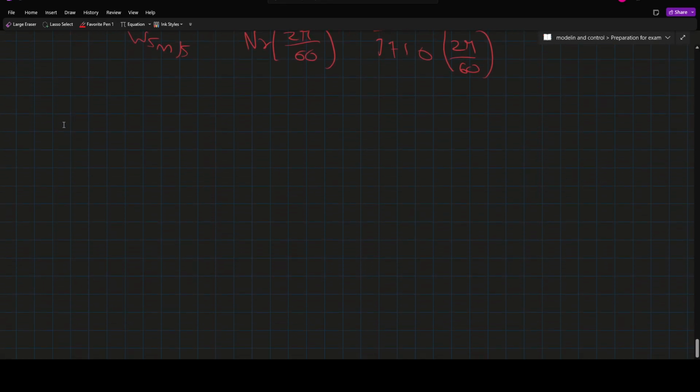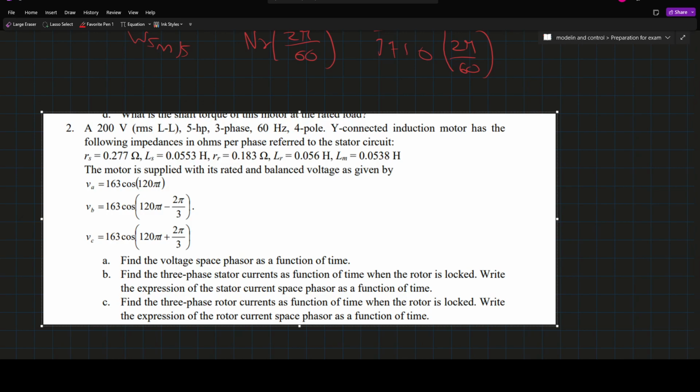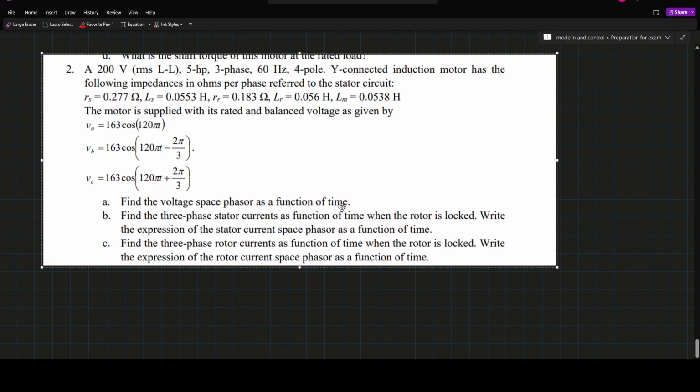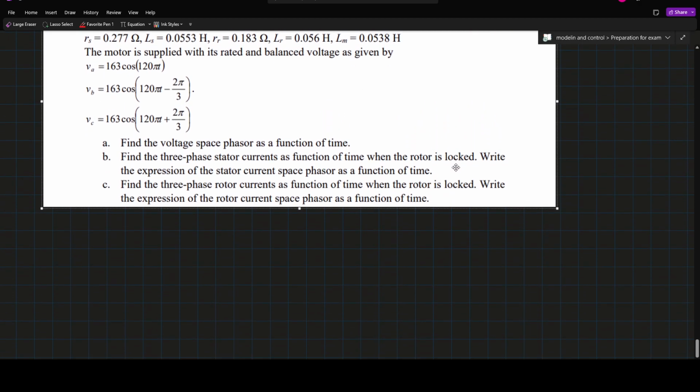Okay, to the next one. They are asking us to calculate the voltage space phasor as a function of time. Okay, so we have 3 phases. We have done the voltage space phasor a lot of times.